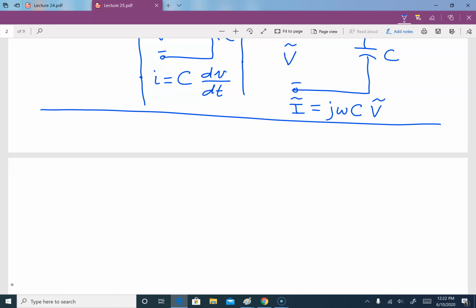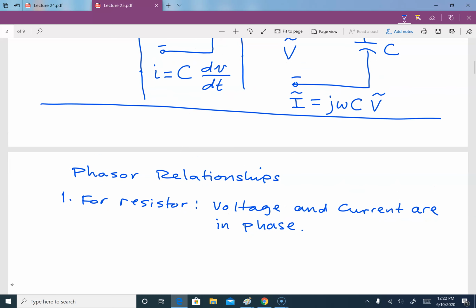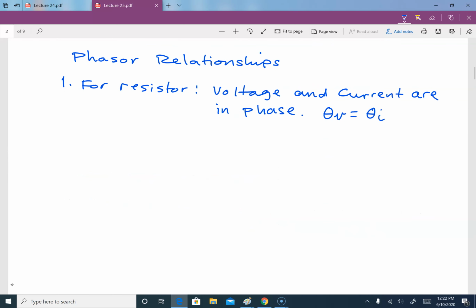So now, regarding the phasor relationships, for resistor, we say that voltage and current are in phase. That is the relationship, because all the time theta V is equal to theta I for the case of resistor.